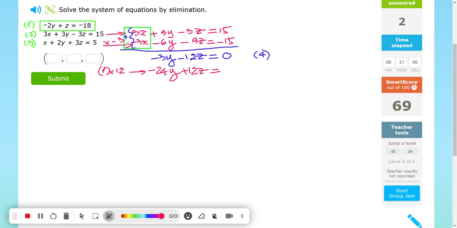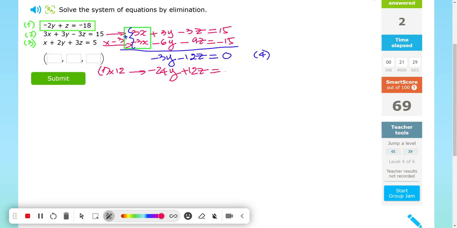Let's get a calculator over here. Negative 18 times 12 is negative 216.